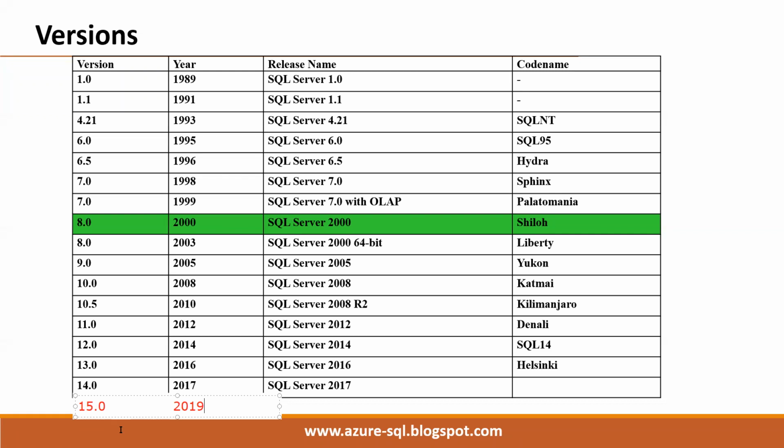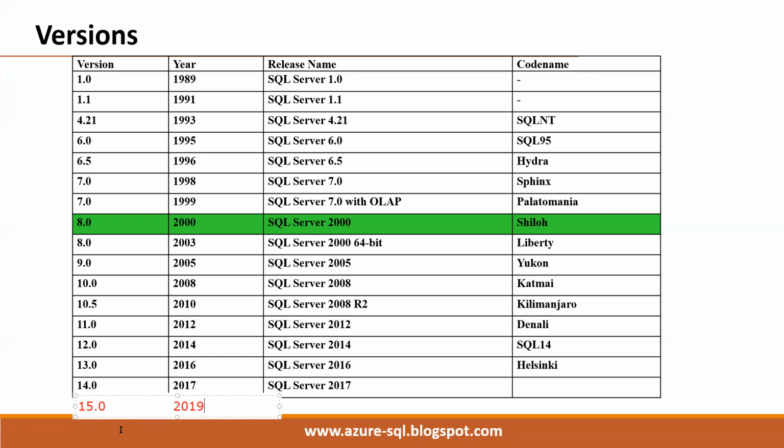Let's say one of my client's database servers is 2012, and now I want to upgrade to 2016 or 2019. How do we decide which version to go with? We have already seen it depends on the application. We'll ask the application team.